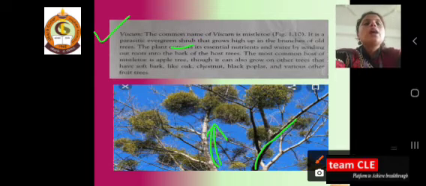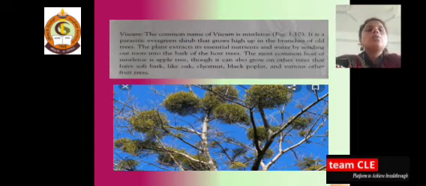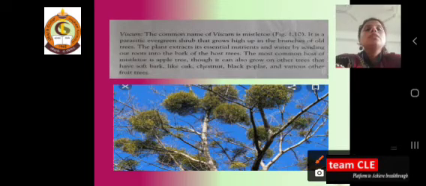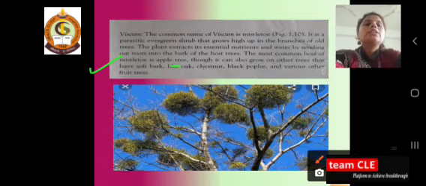On the high branches of the tree it can be found, and the plant gets its essential nutrition and water by sending out roots into the bark of the host trees. The most common host of mistletoe is the apple tree, though it can also grow on other trees that have soft bark.